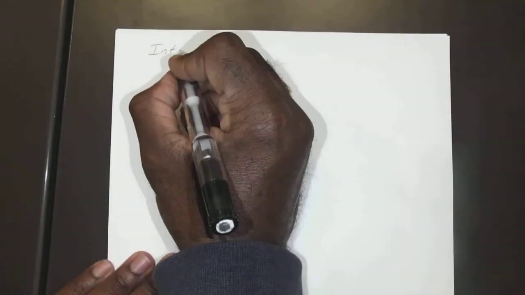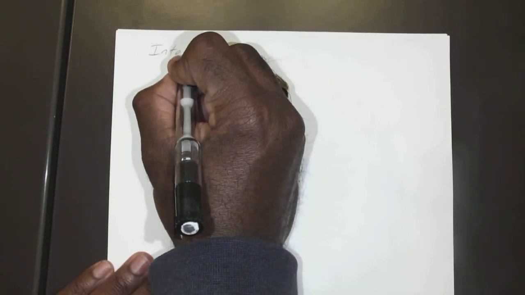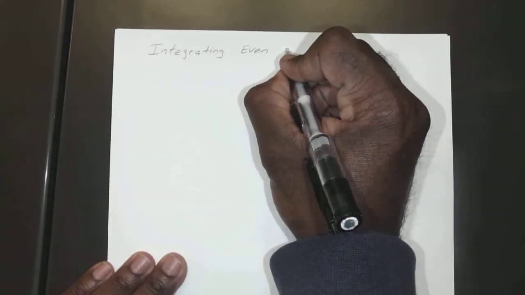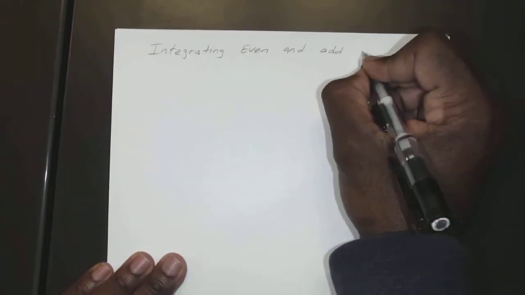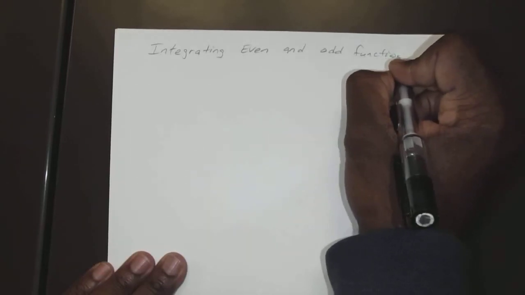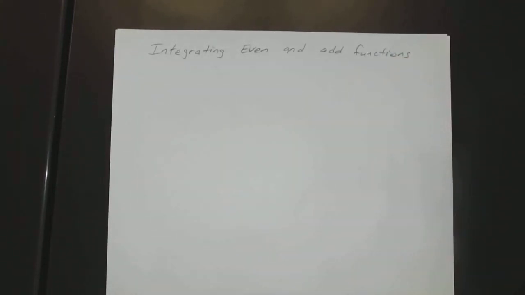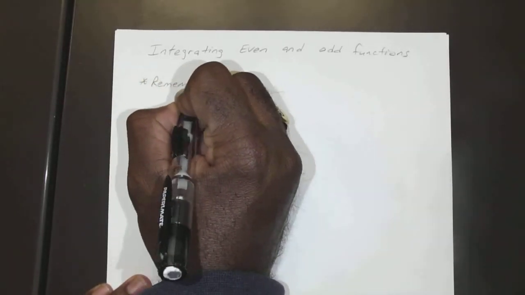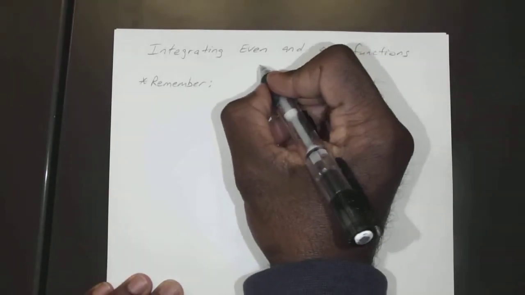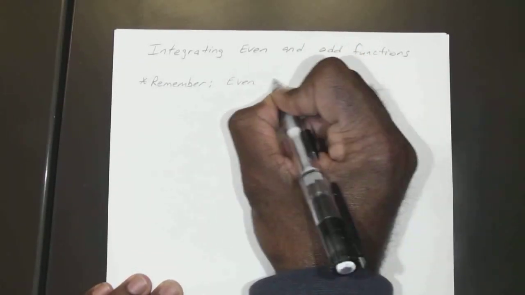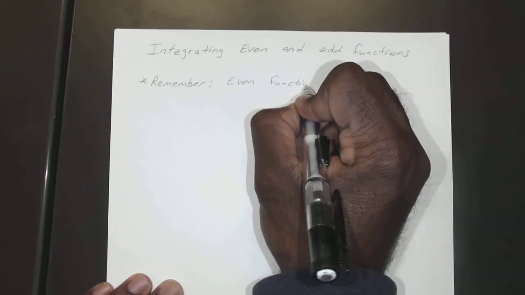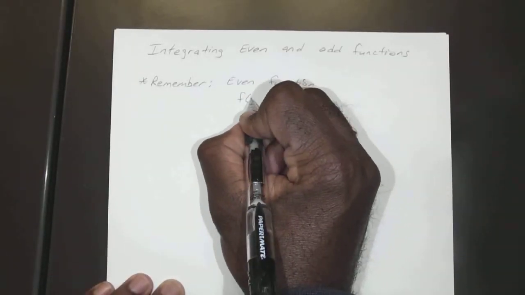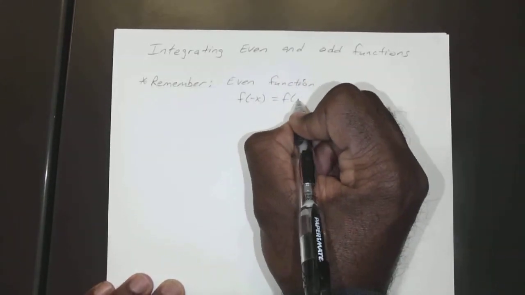So integrating even and odd functions. Okay, so if you remember, an even function, which is symmetric across the y-axis, can be found if f of negative x equals f of x.